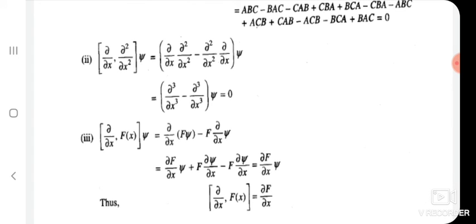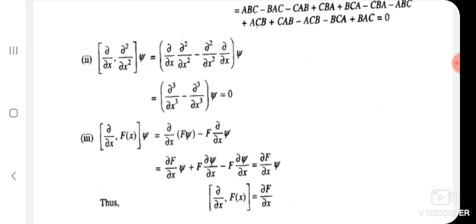Now just see the third example, dou by dou x, f of x, psi. It means dou by dou x of f into psi, minus f into dou by dou x of psi. If we see the first term, f also varies with respect to x and psi also varies with respect to x. In that case, we have to use the product rule.